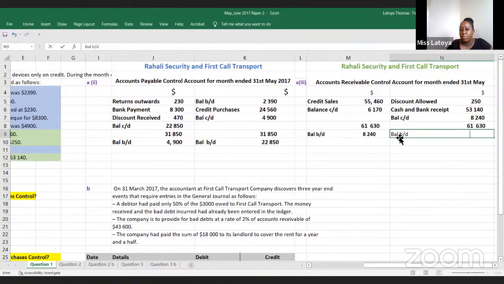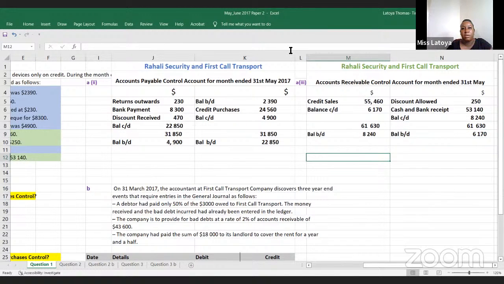Where did I get that figure from? Are we seeing it? 6,170. Again, I got that from here. This is the carry down figure that I brought here. For those of you who didn't see it, I'm just pointing that out to you all.